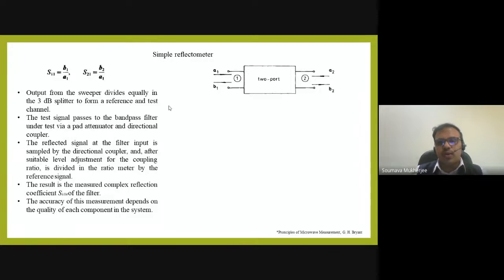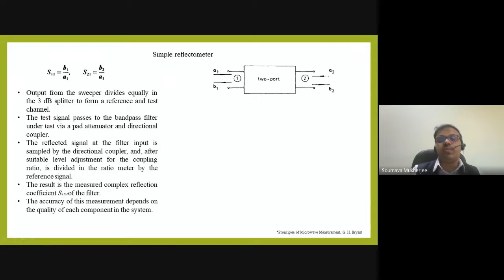Our target is this two-port network, this is port 1, this is port 2. A1 is the incident wave in port 1, and B1 is the reflected wave in port 1. Similarly, A2 is the incident wave in port 2, and B2 is the reflected wave in port 2.